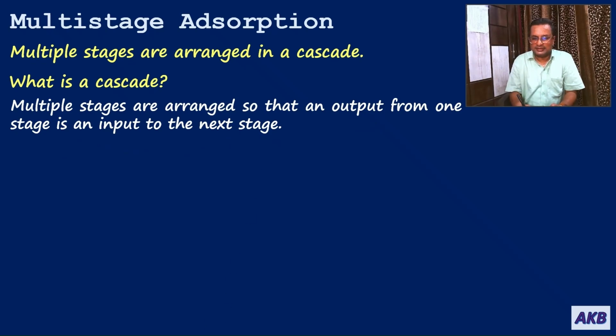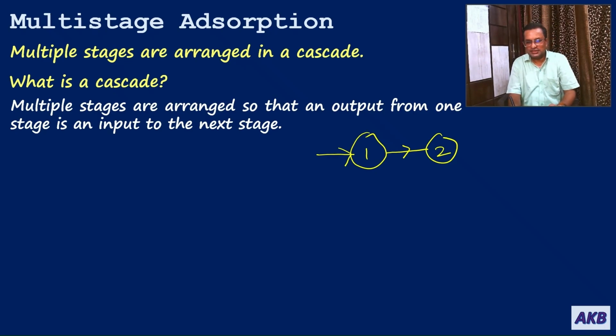So a cascade is an arrangement of stages in such a way that the output from one stage, let us consider these two stages, feed is admitted to the first stage, and then the output from the first stage is sent to the second stage as an input.